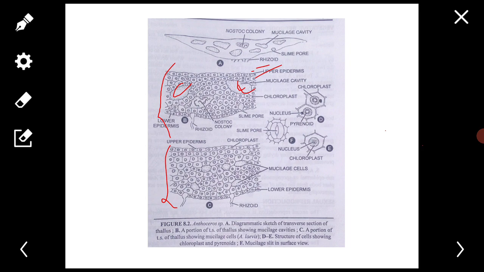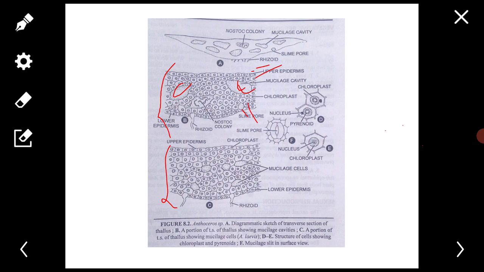These cavities open to the ventral surface of the thallus by narrow stoma-like slits called slime pores.